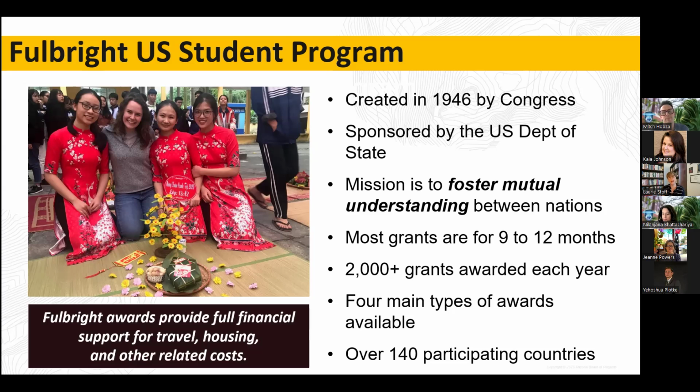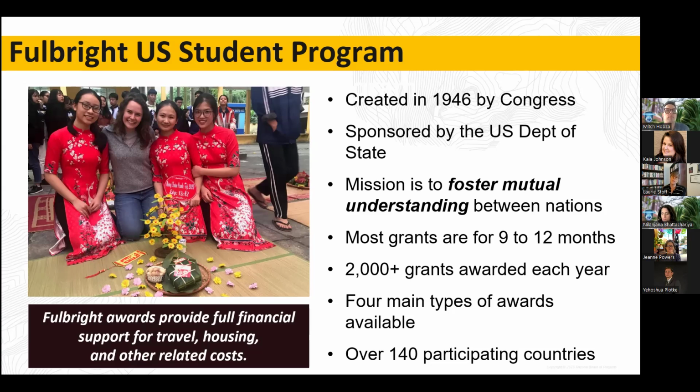And there are 4 main types of awards that exist. We're going to focus on one of those types of awards today. The awards are very generous usually. They cover most of the costs that are associated with traveling to the other countries, living expenses. A lot of times they'll cover aspects of the research costs you may have.